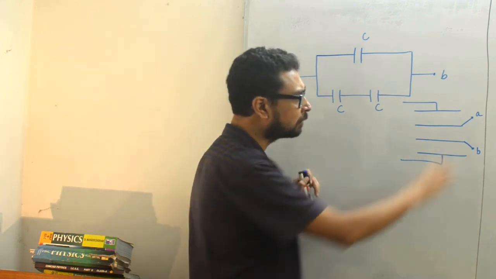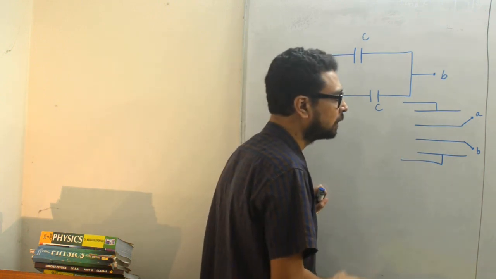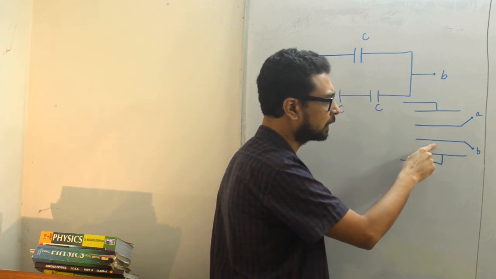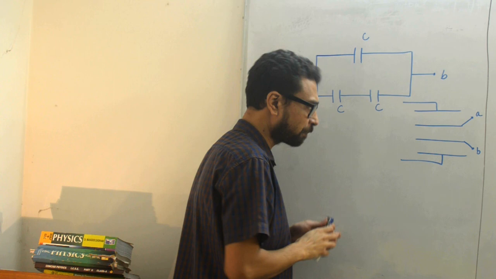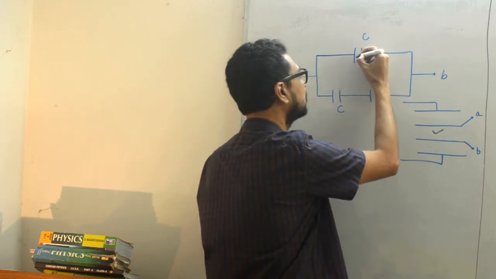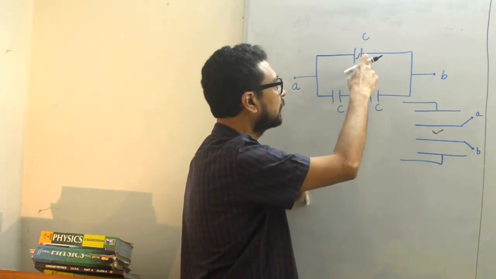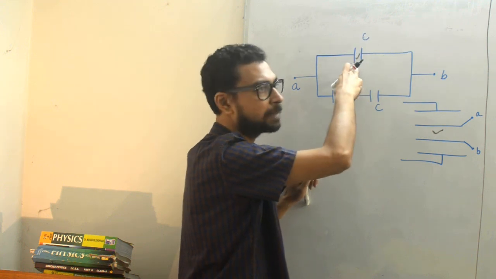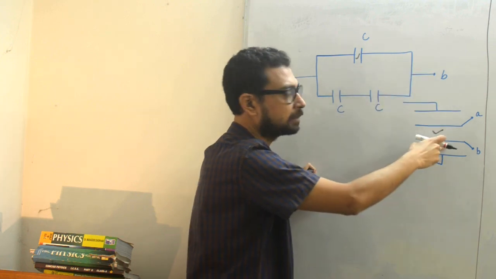Here was the original diagram, and what you can see is that both plates of a single capacitor are connected to two different terminals A and B. So this capacitor is basically this one. I have converted this to this, because finally this is the capacitor which is connected both ways to A and B.